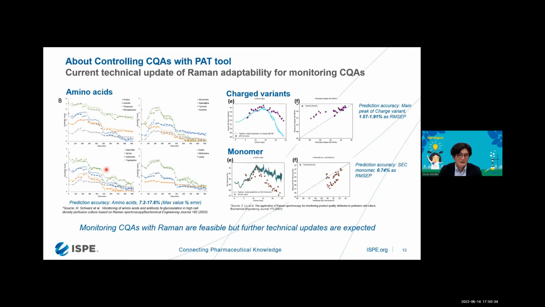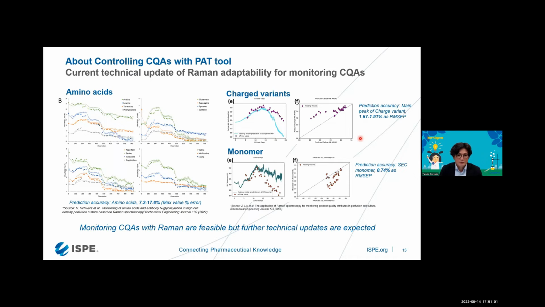In terms of accuracy, the estimated error value is around 7 to 70% compared with the max value of the range. In terms of the charge variant, this parameter can also be monitored with Raman technology, and the estimated error value as a root mean square error of prediction is around 1.5 to 2%.